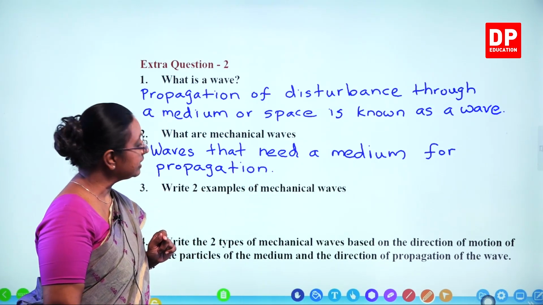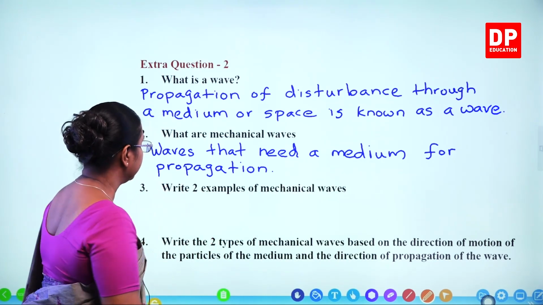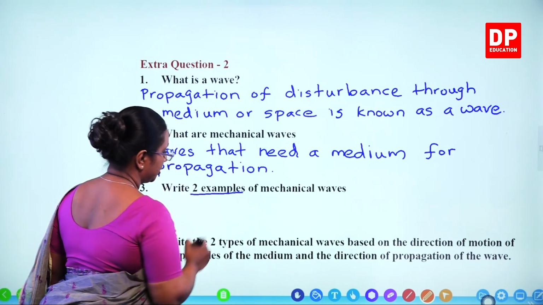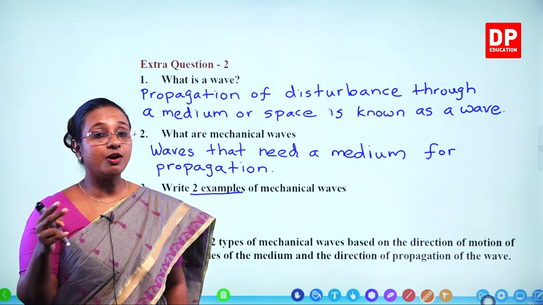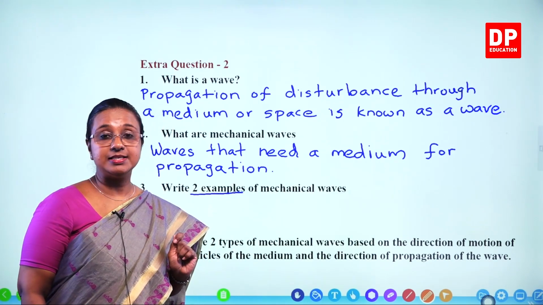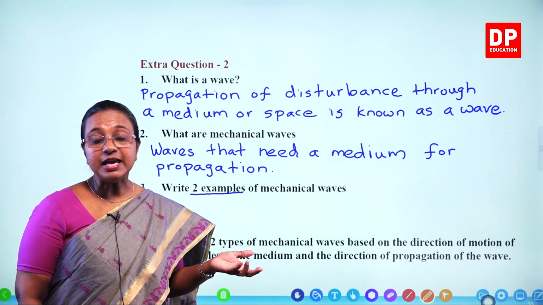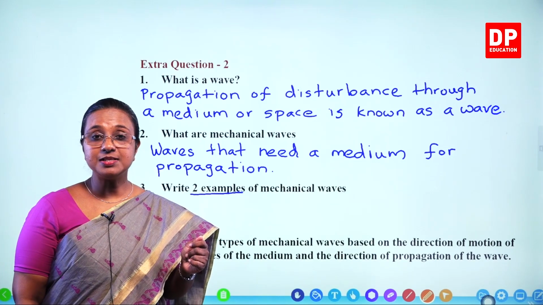Write 2 examples of mechanical waves. Again here, look at the question. Immediately when they say 2, you might think of the 2 types. Here they have asked for 2 examples. So it can be any example. Can you think of some examples?